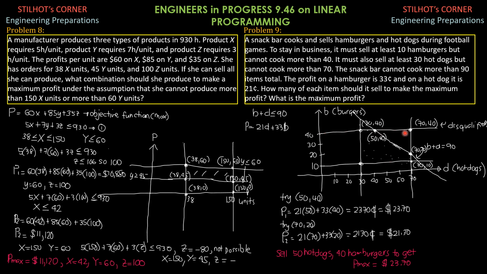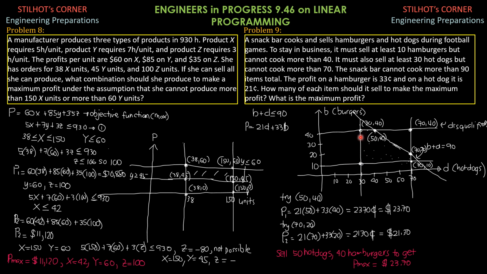So we have this boundary here, 10 and 40 for the burgers. Then for the hot dogs, 30 to 70. Of course the intersection between 30 and 10 is 30, 10, but I'm not labeling this because definitely it is not the maximum value. It is close to the origin.